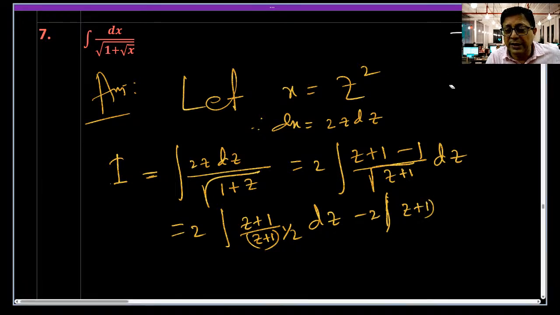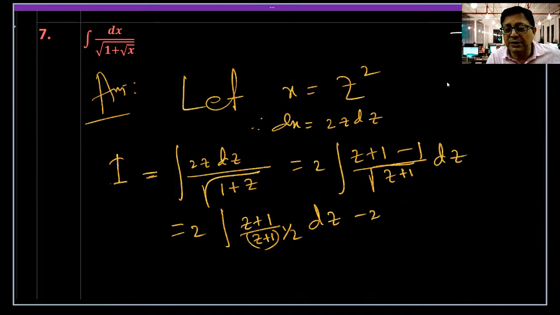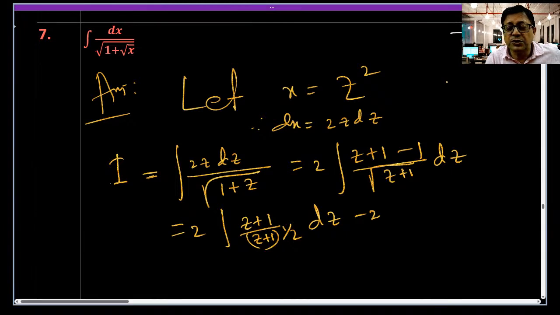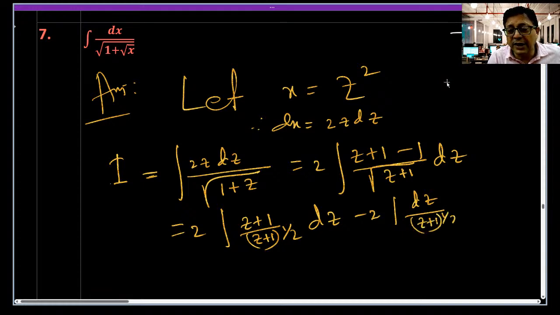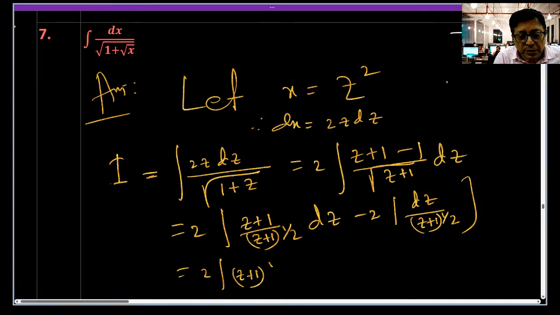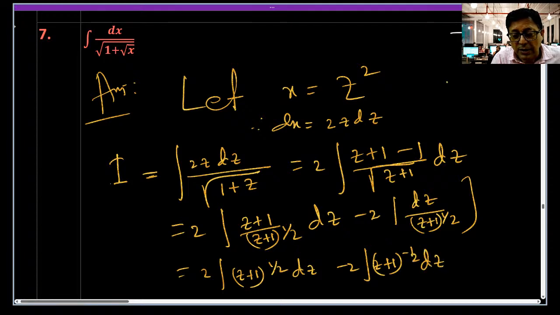Okay, write the step properly. No step jumping required. Minus 2 into dz by z plus 1. Clear? Done? So this is 2 half dz. Clear?